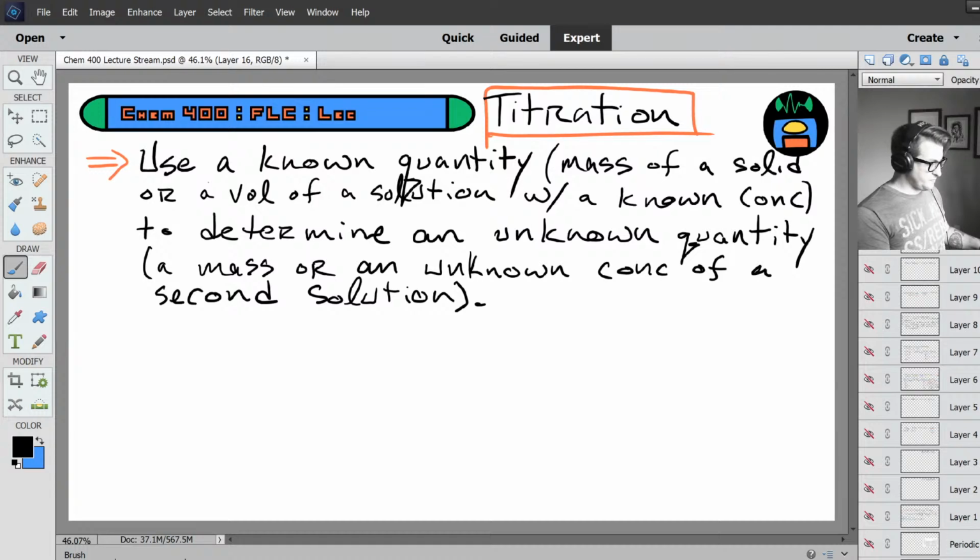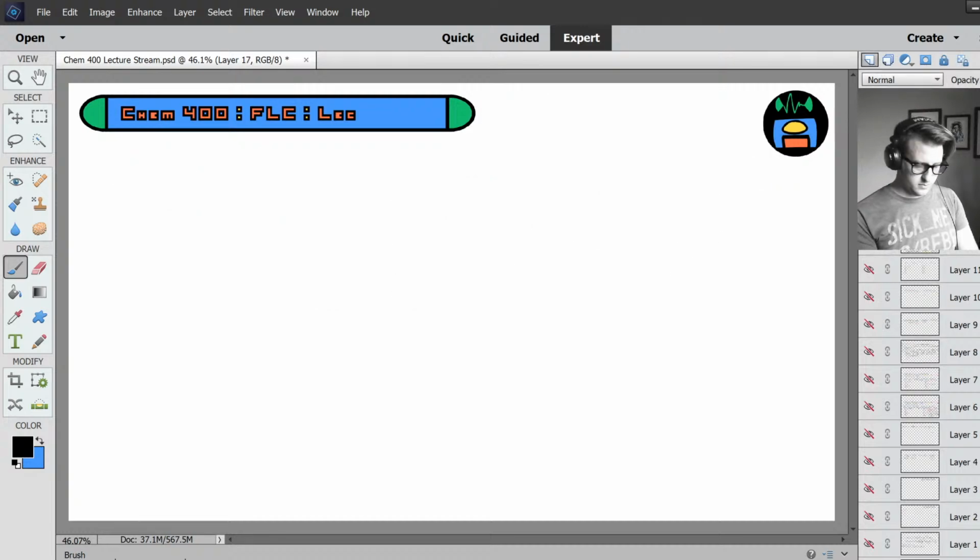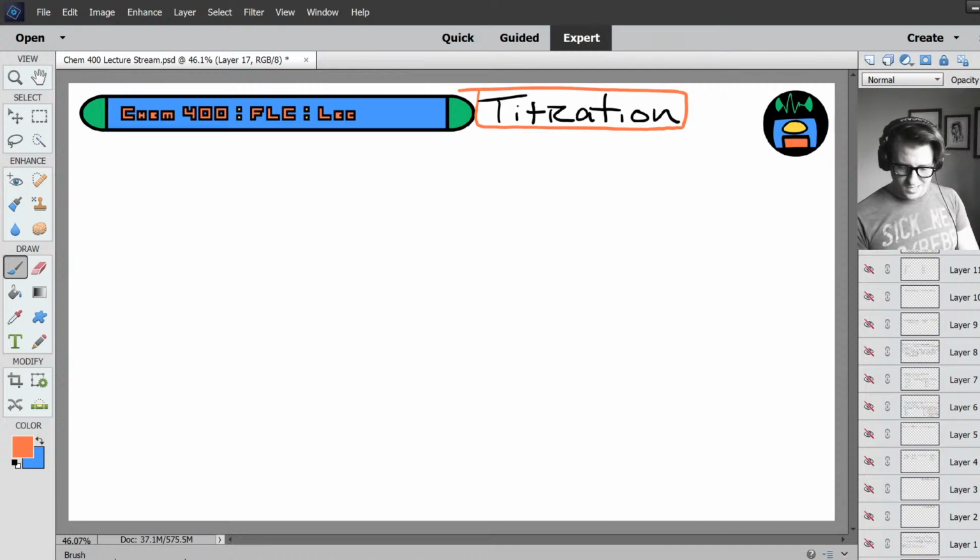Now, you might be wondering how. I'm so glad you asked, because that is exactly what I'm going to show you. So here's how a titration is set up.